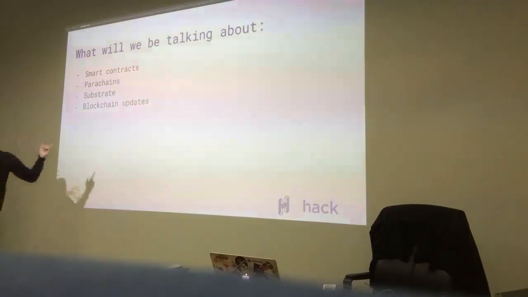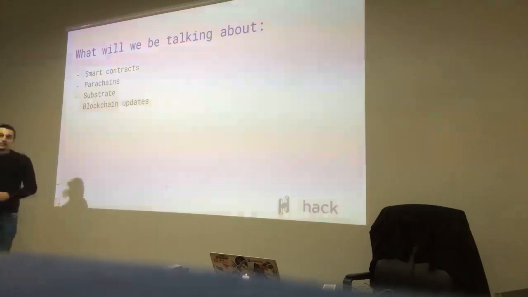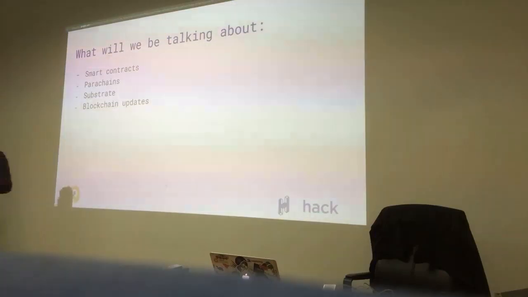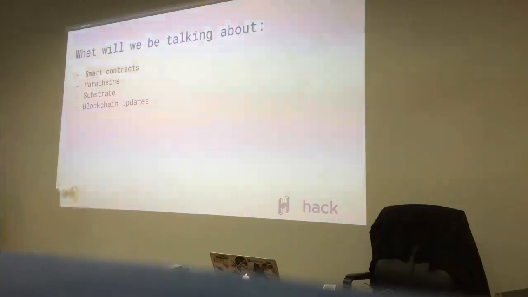We'll cover these main four things in this talk. Smart contracts, the typical ones that we are used to see in Ethereum and other blockchains. Parachains on Polkadot. Substrate, which is Polkadot's framework for building custom independent blockchains or modules or parachains that integrate with the Polkadot ecosystem. And blockchain updates, that is the term in Polkadot, which is similar to forking in the typical blockchain networks that we are used to see.